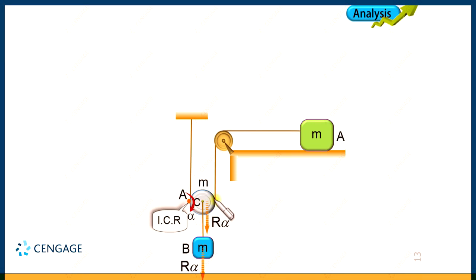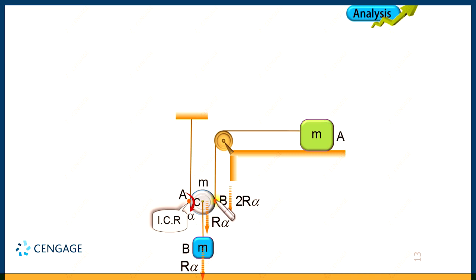Now consider this point, say point B. The distance of point B from A is 2r, the rotation sense is again clockwise, and the angular acceleration is alpha. That means the tangential acceleration of point B will be in the downward direction, equal to 2r multiplied by alpha, or 2r alpha.